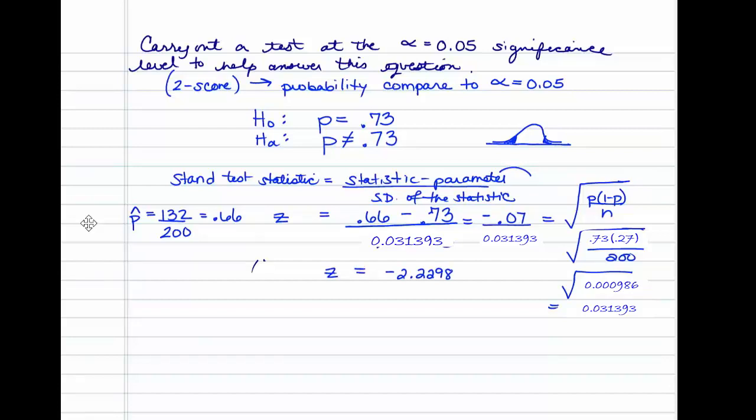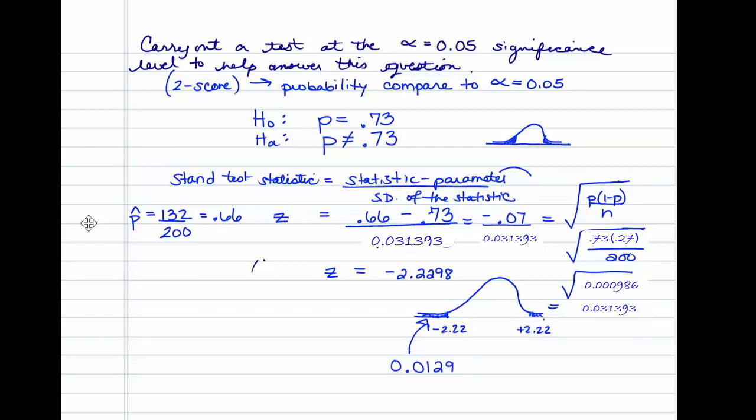So keep in mind, we're trying to figure out where it differs from is going to be the lower portion from negative 2.2298 and positive 2.2298. So if I find one of these tails on the chart, I believe it's like 0.0129.